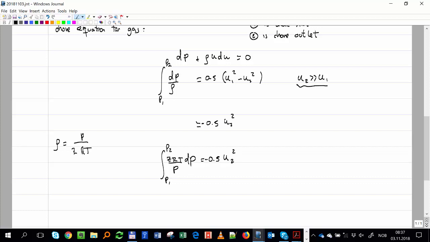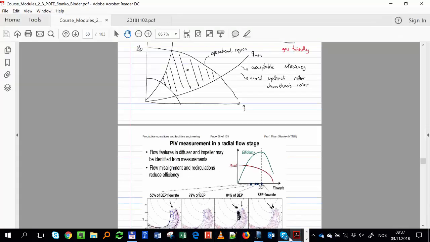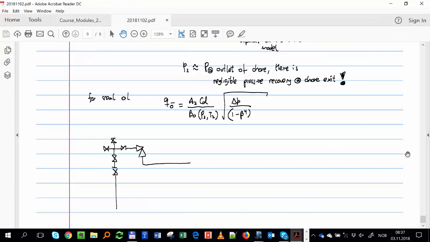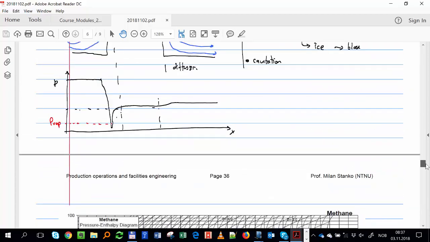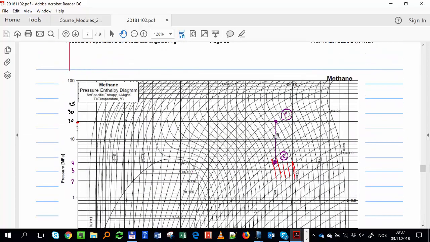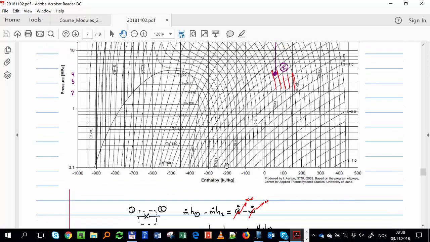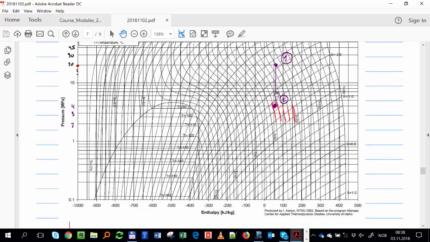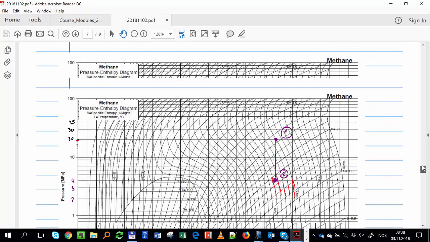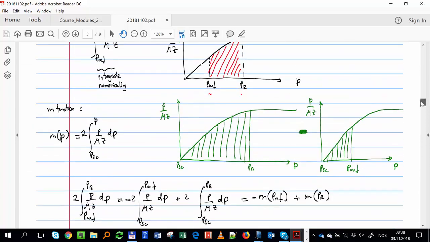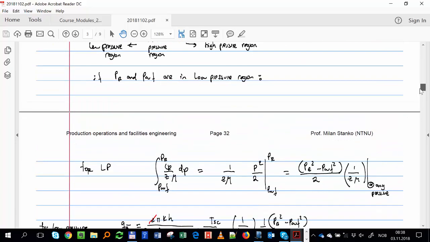Now, there is a problem with gas that we already saw in the exercise that you did yesterday: the temperature is also changing, and it changes quite a lot. The temperature change in our example from 90 to 65 is 25 degrees, and that's going to affect the density. So we cannot, just like in the IPR case, where we were very happy with temperature because we took it out of the integral.